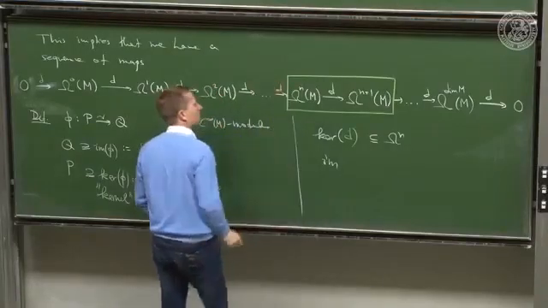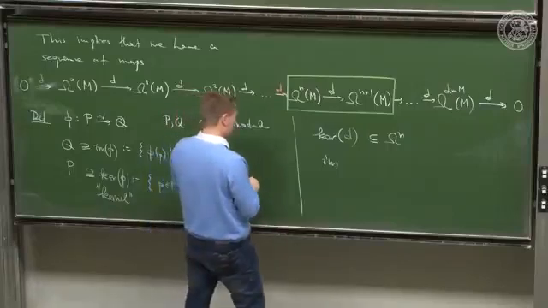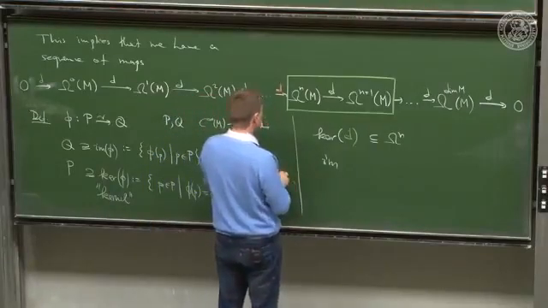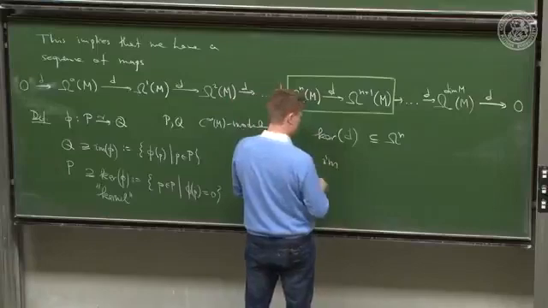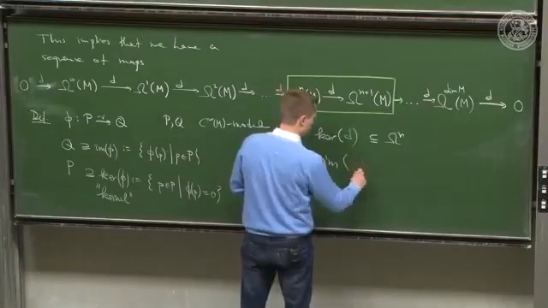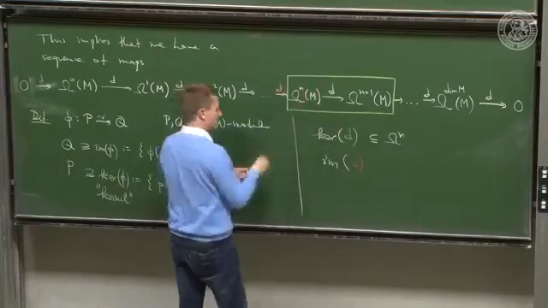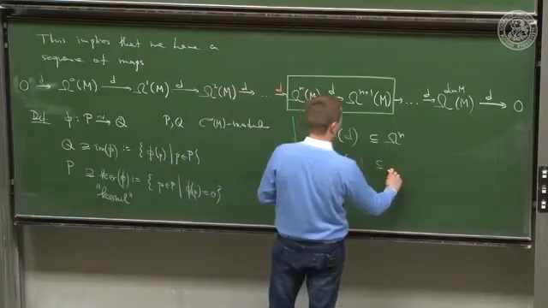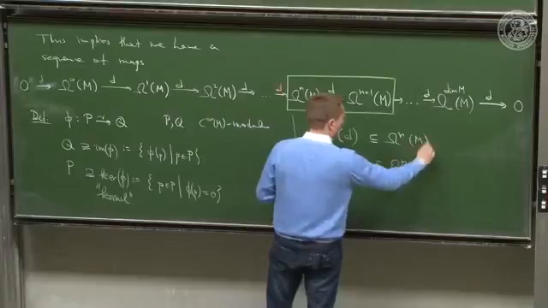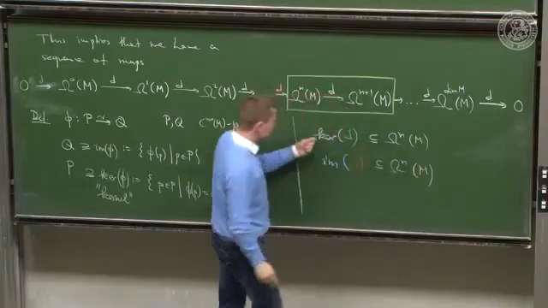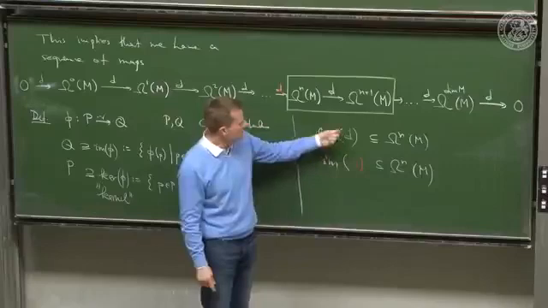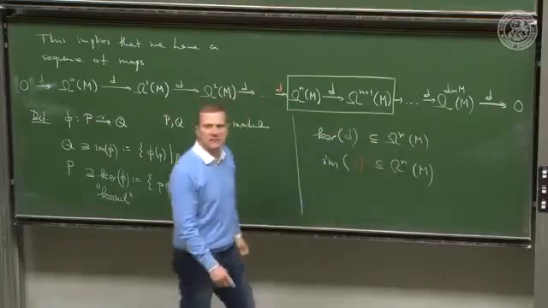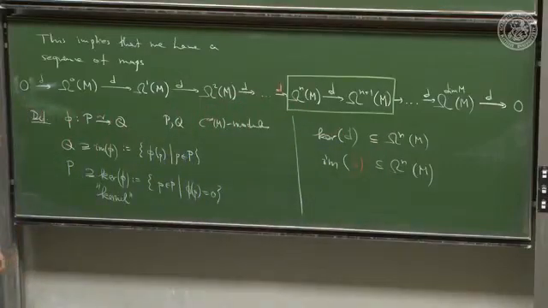The image of the red D is also a subset of omega n, right? So the kernel of the green D and the image of the red D lie in the same form space.